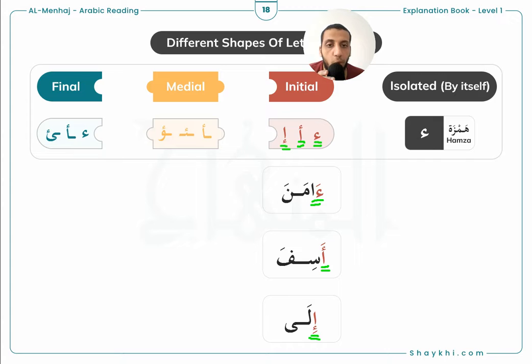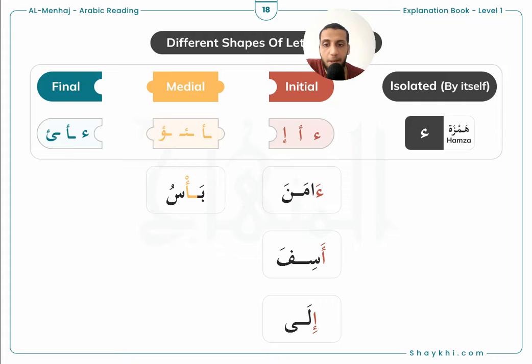So whenever you see Hamza above or below alif, forget the alif. This is Hamza. And by the way, we can't read an alif at the beginning of the word, so it will not be confusing.